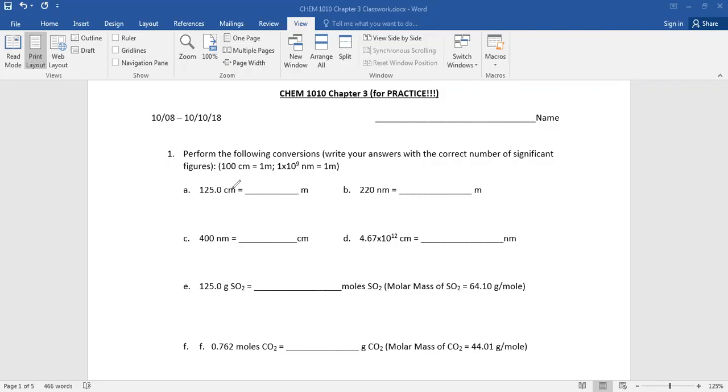And so for the first one, part A of number 1, you are converting 125 centimeters into meters. And so the conversion factor is that for every 1 meter, you have 100 centimeters. So 1 meter per 100 centimeters.